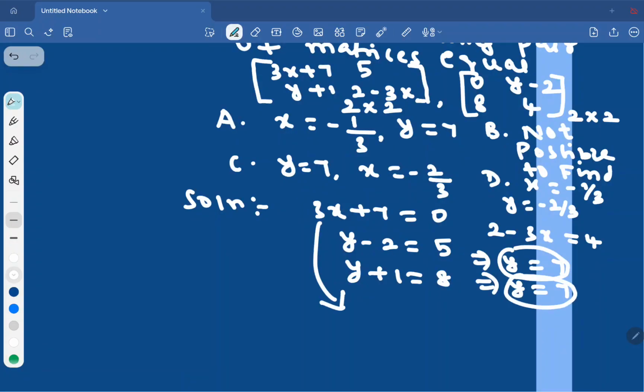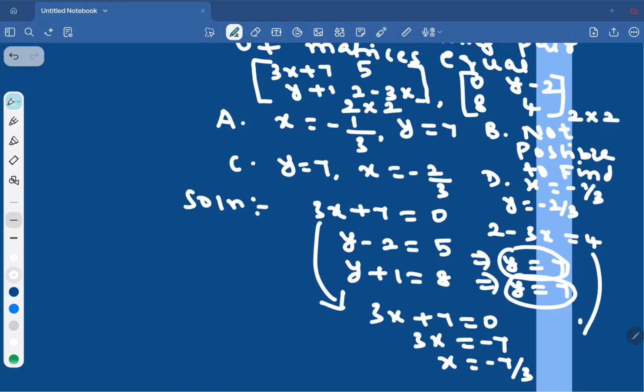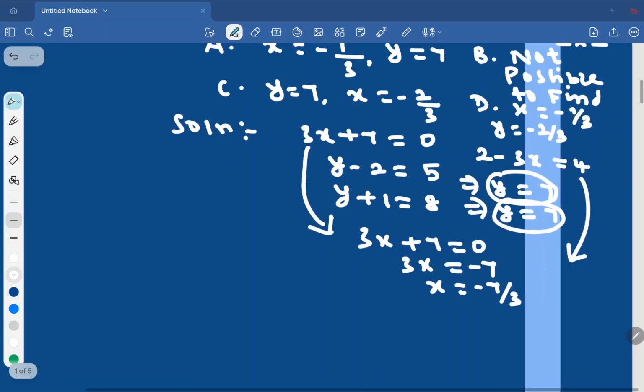Now, I am going to find x value. 3x plus 7 equal to 0, 3x equal to minus 7, x is minus 7 by 3. From this, 2 minus 4 equal to 3x, minus 2 equal to 3x, x equal to minus 2 by 3.